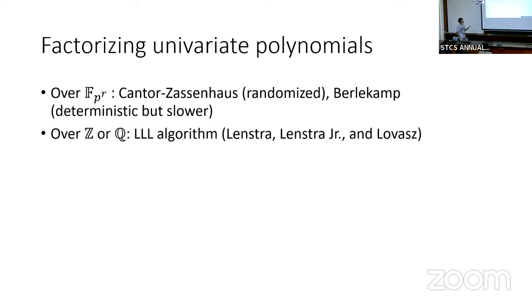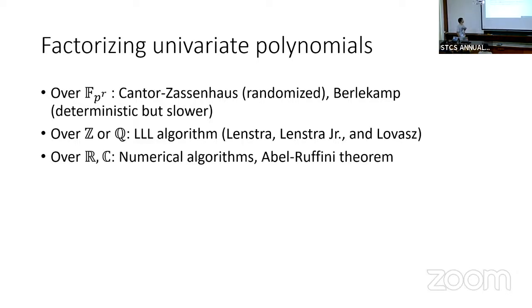Over integers or rational numbers, there is the classic work of Lenstra, Lenstra and Lovász, which uses an approximation of the shortest vector problem in lattices, and using that you can figure out a factorization. If you start talking about real numbers or complex numbers, it becomes a matter of numerical algorithms, because your coefficients can have infinite representation.